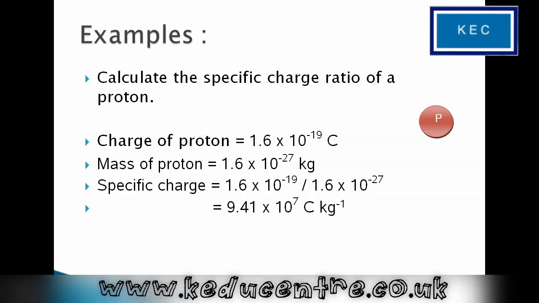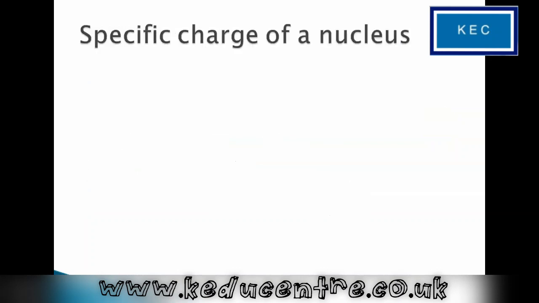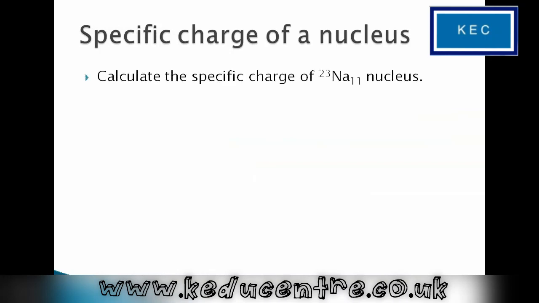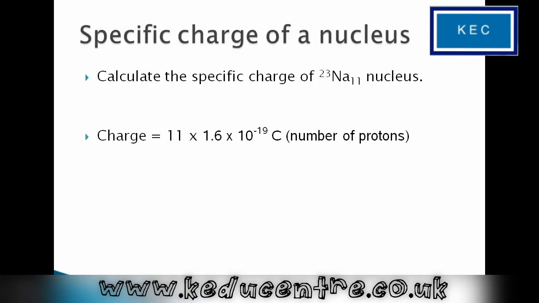Now, let's try to find out the specific charge of a nucleus. We know that the nucleus is the central part of the atom, which contains protons and neutrons. Let's pick an example where we have to find the specific charge of a sodium nucleus. The sodium nucleus has 11 protons and 12 neutrons. So the charge will be equal to 11 times 1.6 into 10 to the power of minus 19 coulombs, and the mass will be equal to 23 times 1.6 into 10 to the power of minus 27 kg.